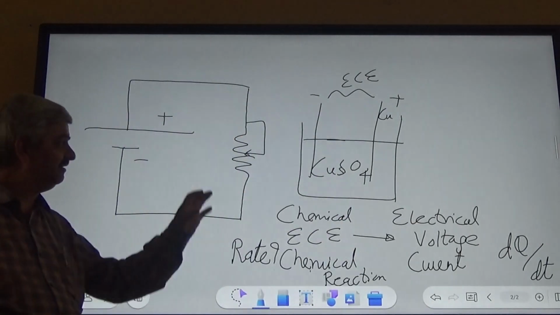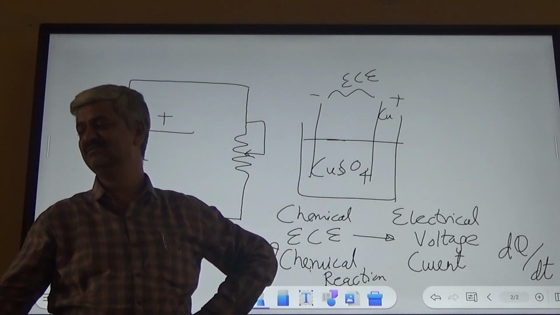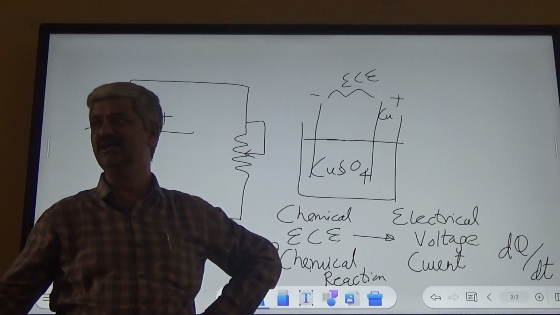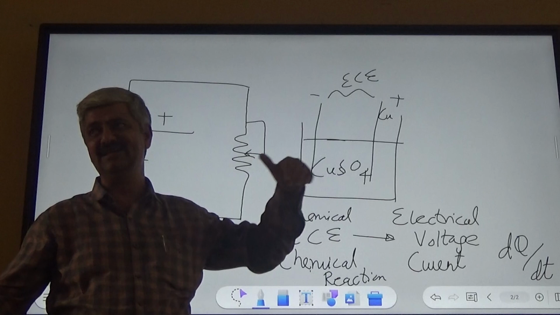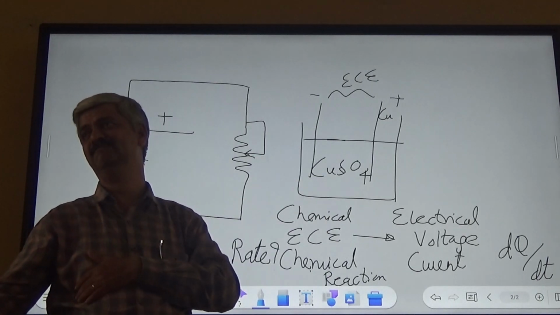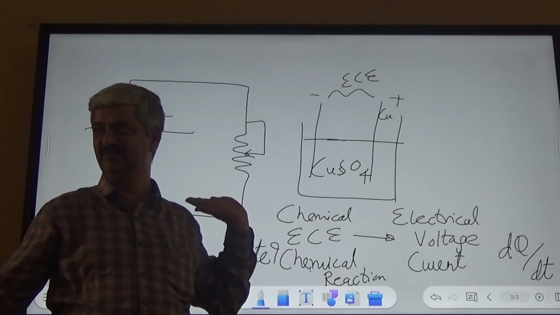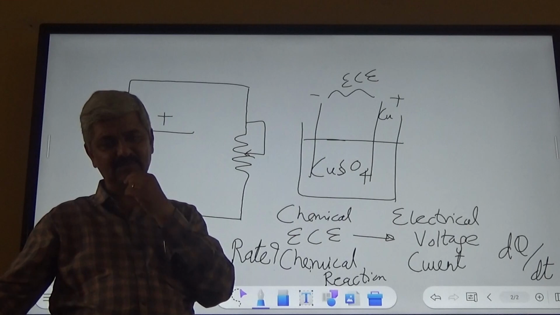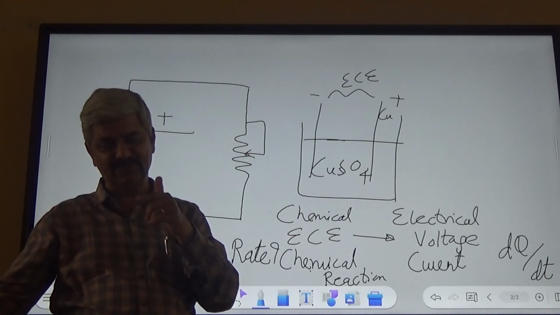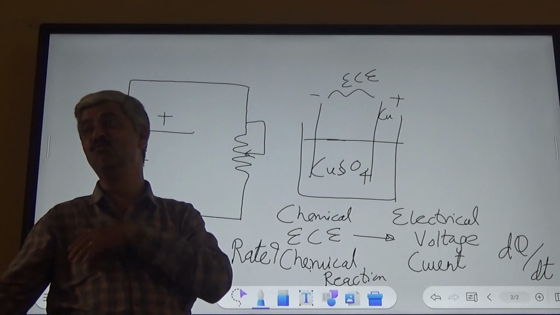Right? When there was no resistance, no current, much reaction was not happening. When you connect resistance, there will be current flow. That will call for, so when current flows, the chemical reaction speed will increase. Then if I reduce resistance, it will demand what? More current.